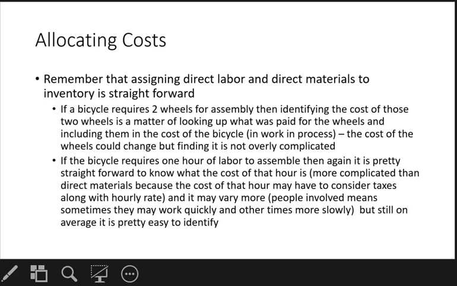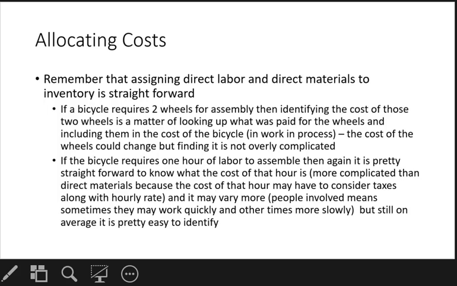And like we said, some people work faster than others, but on average we can come up with an idea of how many hours it takes to make the bicycle. So we can directly associate that labor with making the bicycle. That cost moves to work in process, then to finished goods, and then to cost of goods sold, just like we talked about with direct materials.